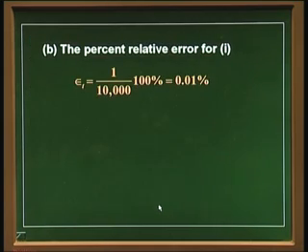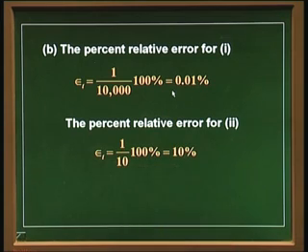So what we have to do is have the percentage error. In the first case, it would be 1 by 10,000 multiplied by 100, that will be 0.01%, while in the other case it will be 1 by 10 multiplied by 100, that is 10%. So that gives us much more feeling.